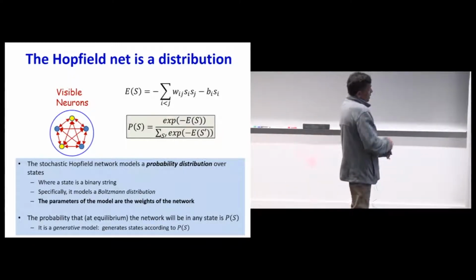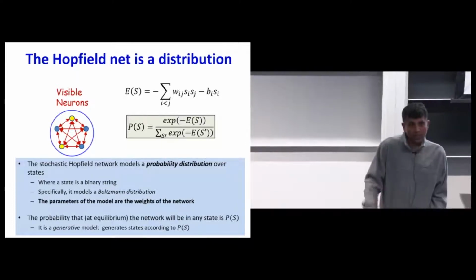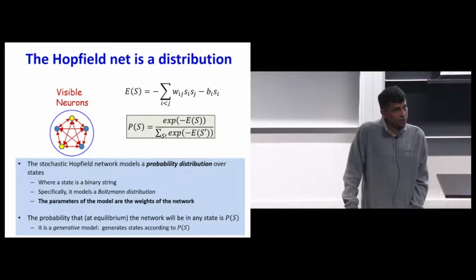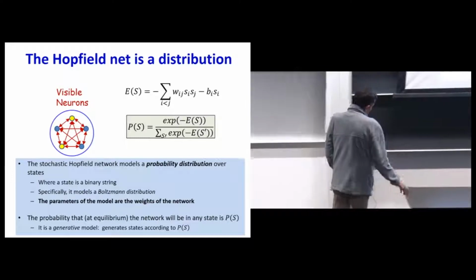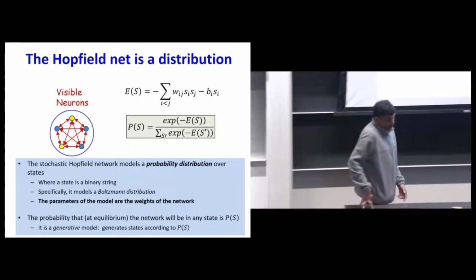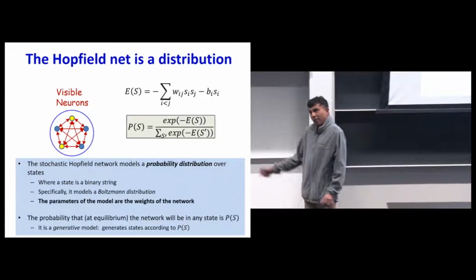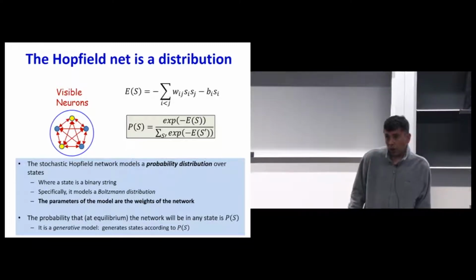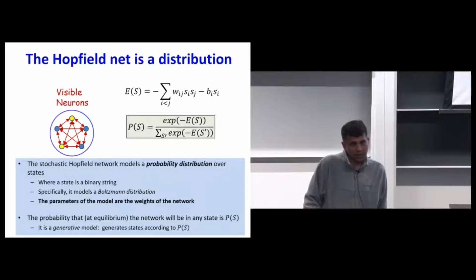Now observe that this can also be viewed as a generative model. For example, if you randomly started off at some point and let the network evolve, and it finally arrived at some configuration, and you repeated the experiment many times, then if you did things right, you would expect the probability distribution over the states that you find to follow this particular distribution, right?